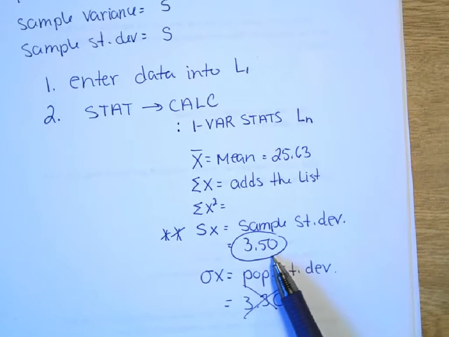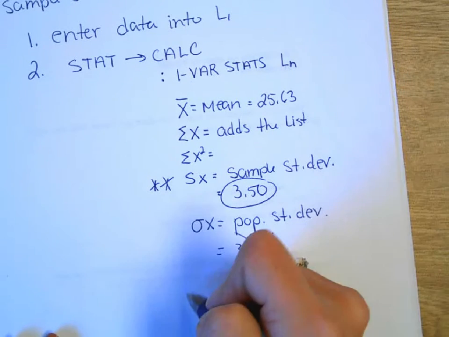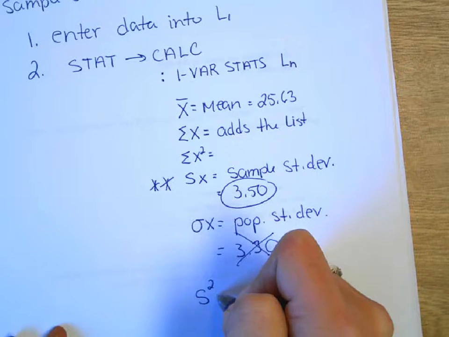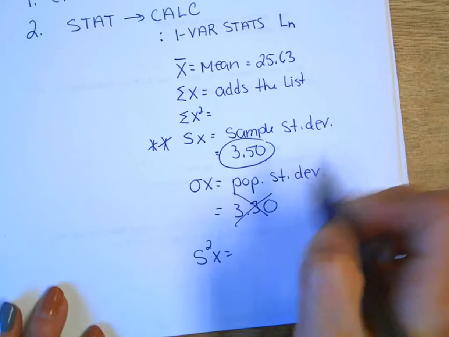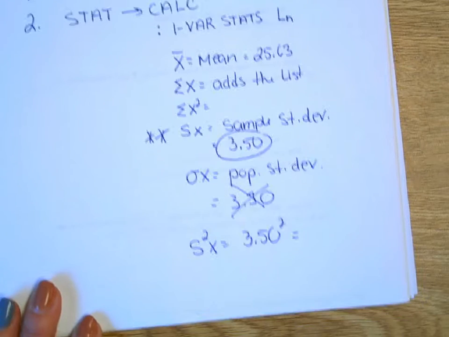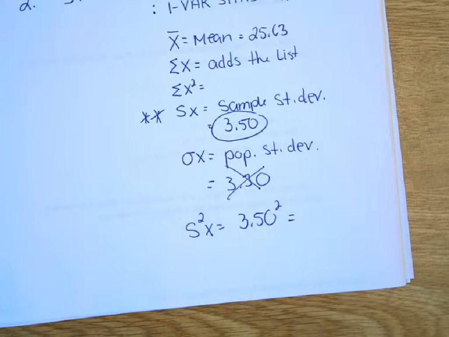Just square this number. If it wants sample variance, which is s squared, we just square the number that the calculator gives us. So if the problem asks for variance, you've got to square the standard deviation to get there. Good with that? Okay. So that's the shortcut to doing variance and standard deviation.